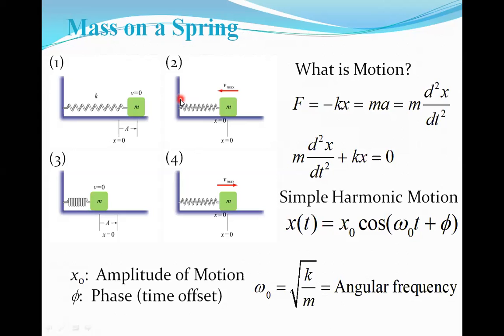On applying an external force, this mass is moving towards this particular end. Earlier the velocity was 0, here the velocity is maximum. So this was the inertial position, and this is the body in motion.